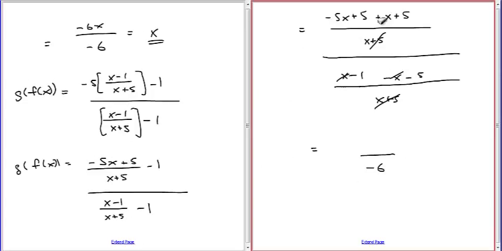And when I multiply that out, those both should be negative. Negative x minus 5. So you can see those cancel out. And your negative 5x minus x is negative 6x. The negative 6x cancel out. You get x.